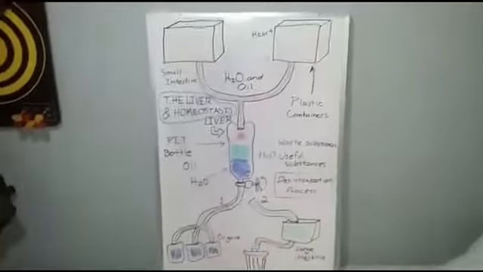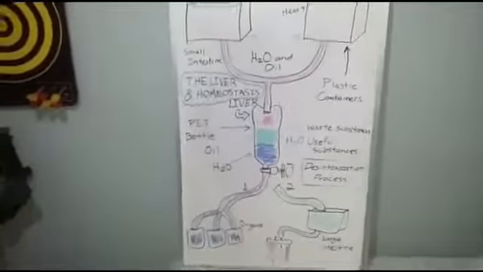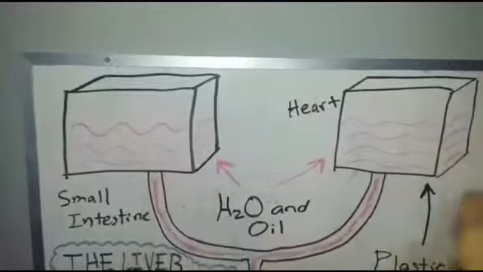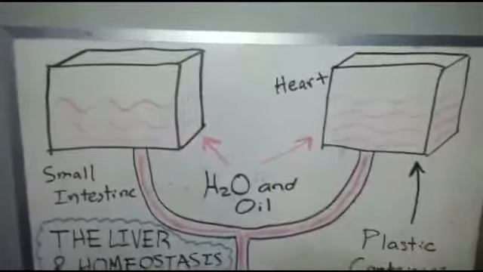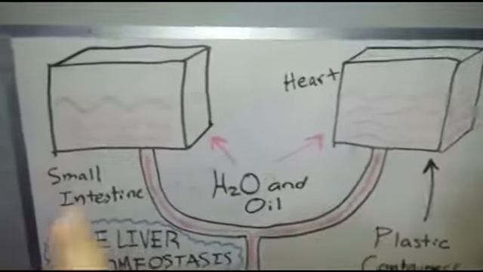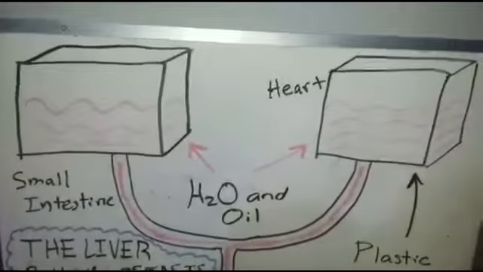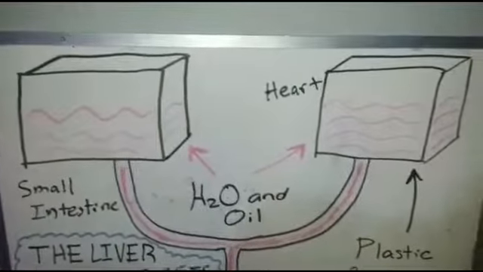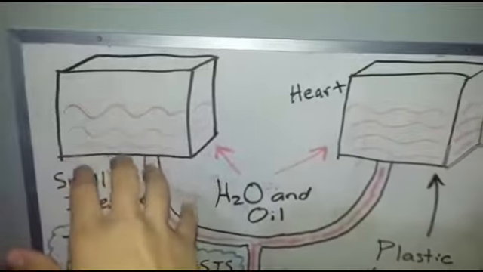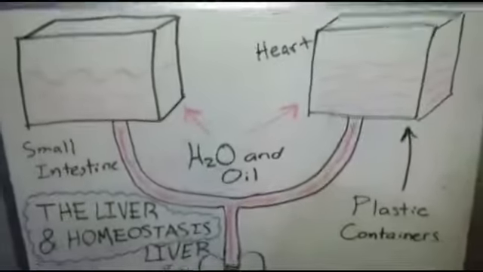Hello, I am Sergio Cruz and I'm going to talk about the diagram of our model. These two cubes are plastic containers. They represent the heart and the small intestine, which are the two organs that supply blood and the food that we eat.